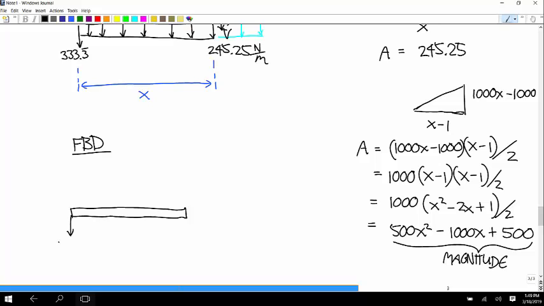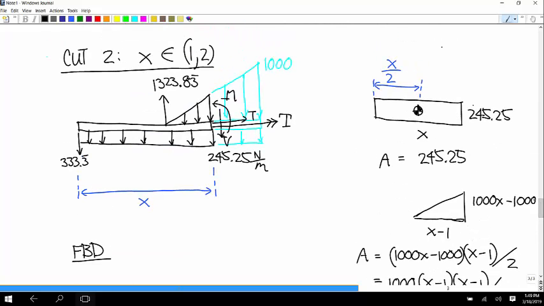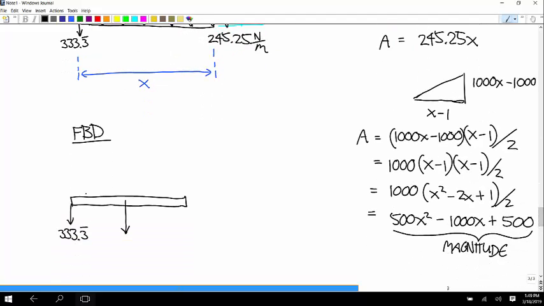You have a downward force of 333.3 repeating. You have a weight force of 245.25x acting at the middle of this piece.